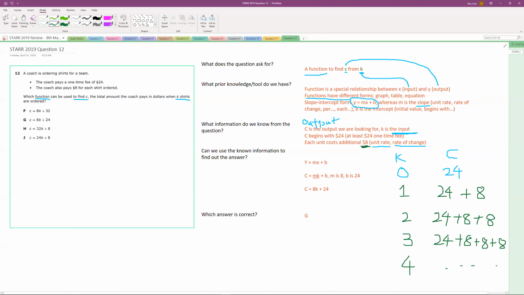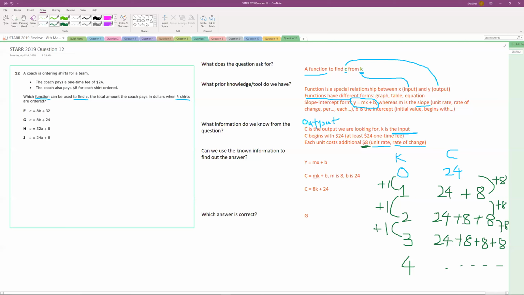And it goes on and on. So this $8 is the unit rate, the change. That means when K increases by 1 each time, here the C will increase by 8 each time.